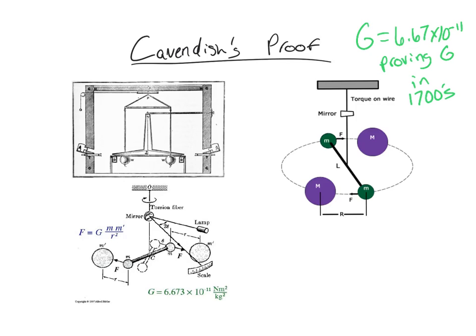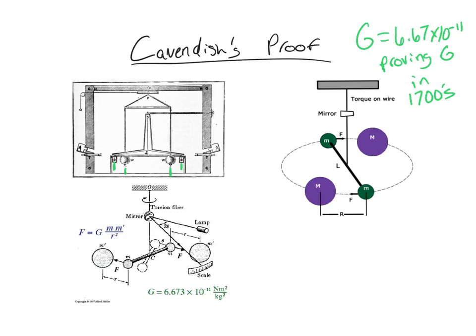So the basic premise of what he did was he had a basic setup like this, where he had two small balls right here and two large balls right here. And what he did, and I think you can see this a little bit better from these other pictures, he had these small balls attached to a string, and that string had a mirror on it so that he could observe slight changes in direction.